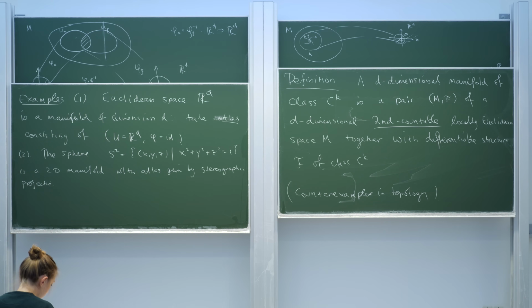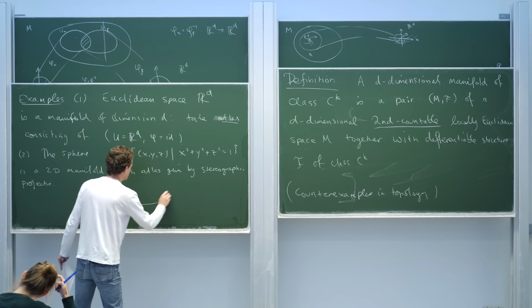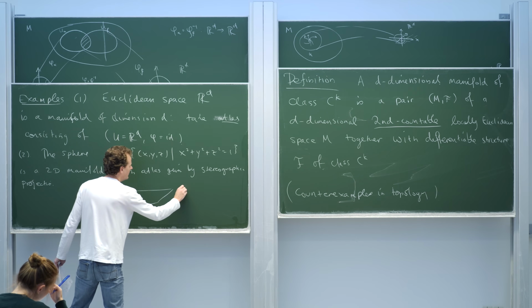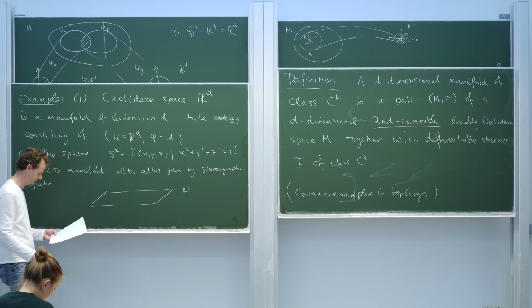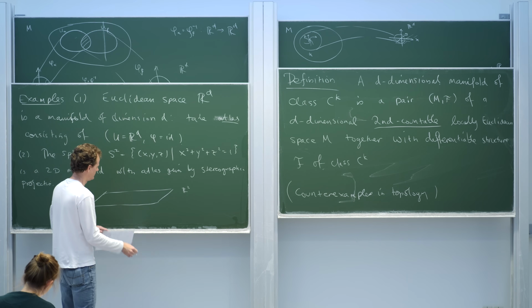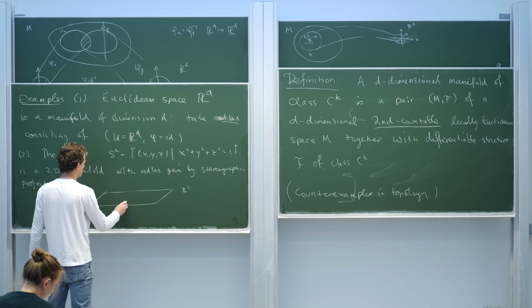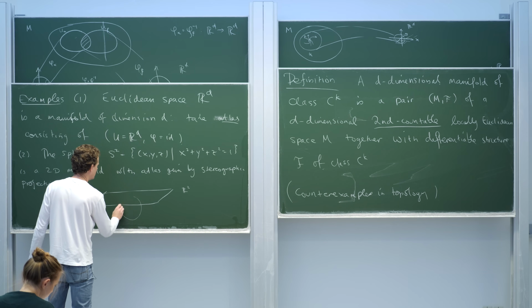So there's an atlas given by stereographic projection. So you take this R2 here, and you put the sphere underneath it.